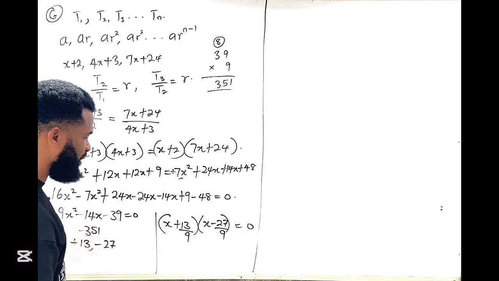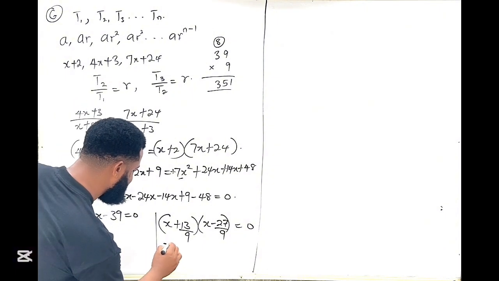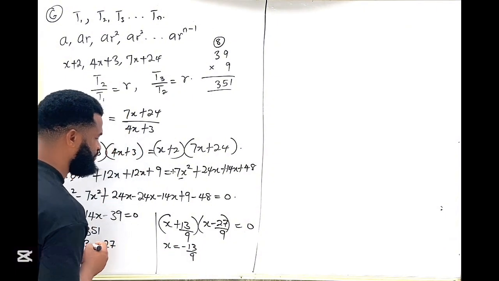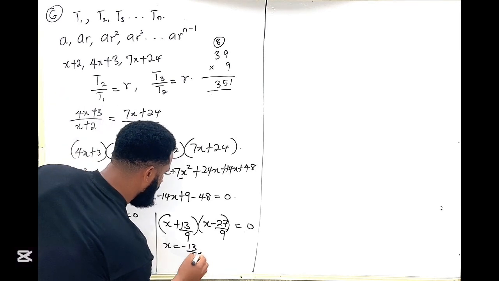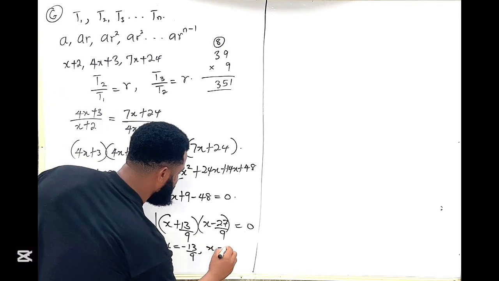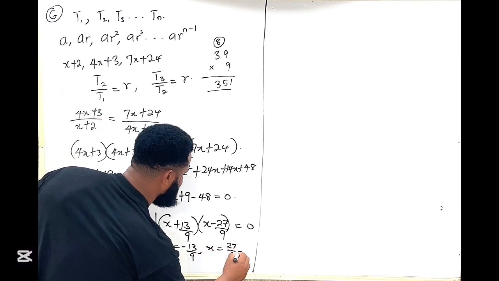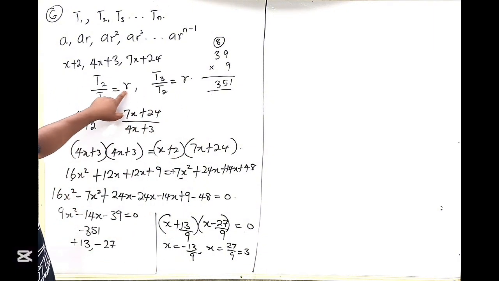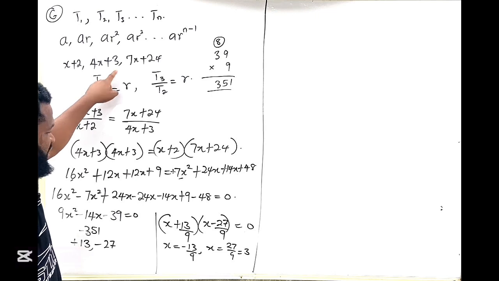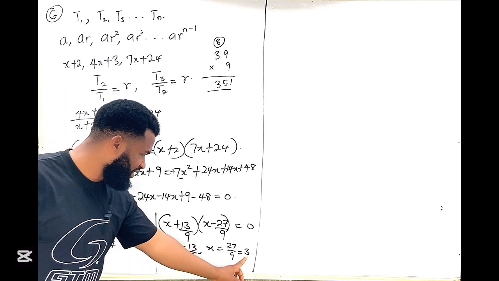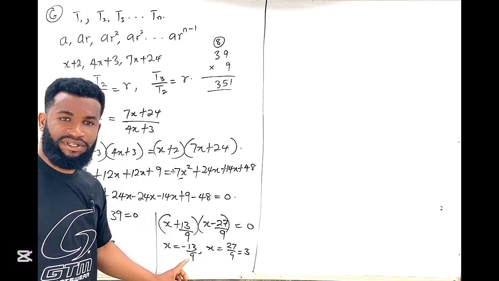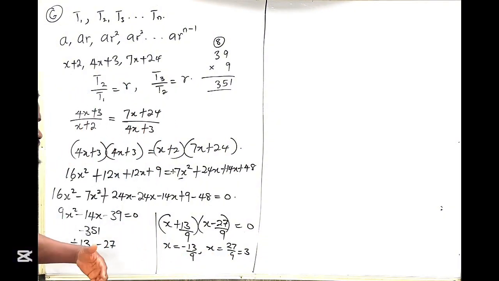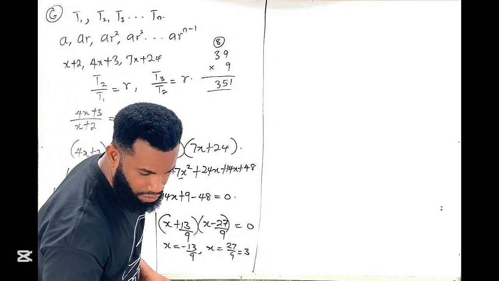So if I take it up, I'm going to have x equal to minus 13 over 9, or x equal to 27 over 9, which is 3. So the values of x, which is the common ratio, are 3 and minus 13 over 9. The right one we are going to choose is 3, not minus 13 over 9. So this is the answer for this first one.